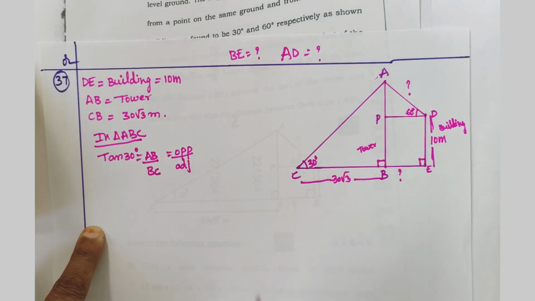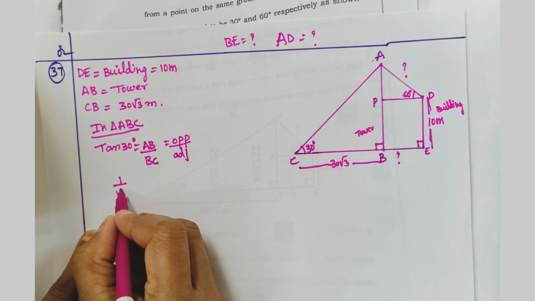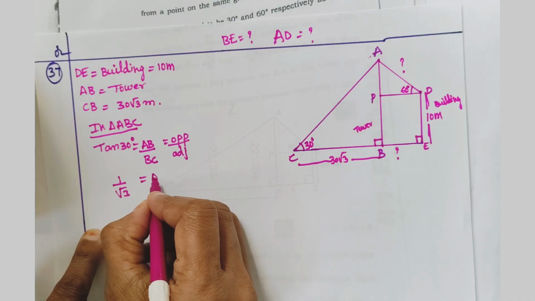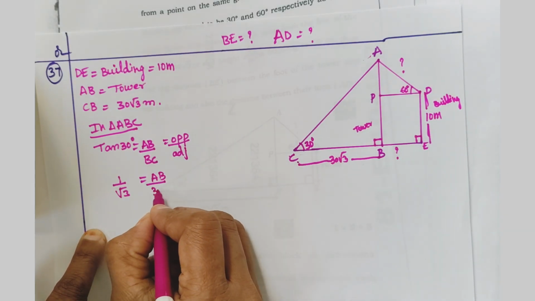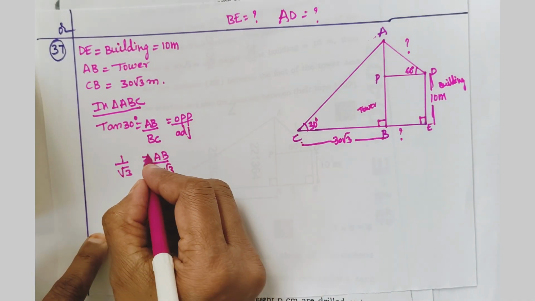What is the tan 30 value? 1 by root 3. Apply the values correctly: 1 by root 3 is equal to AB by BC, which is 30 root 3. Now we do cross multiplication.